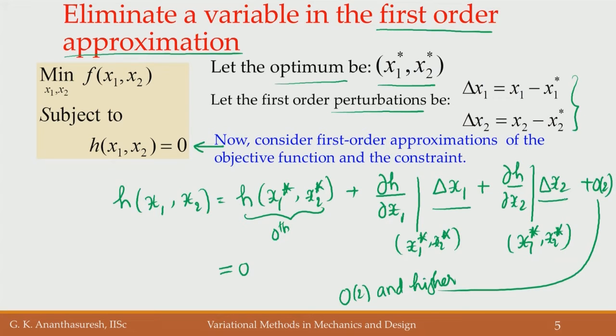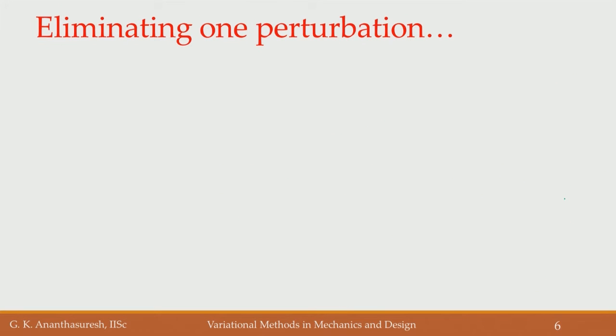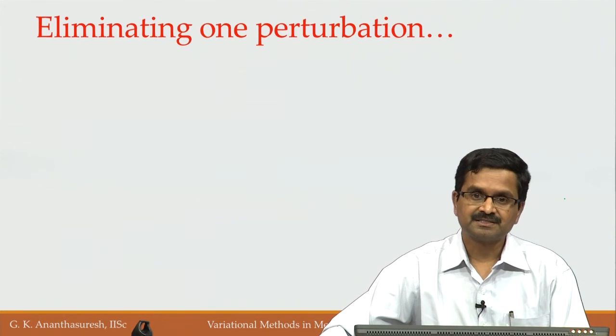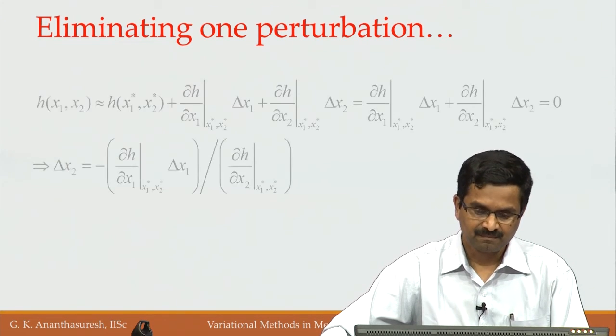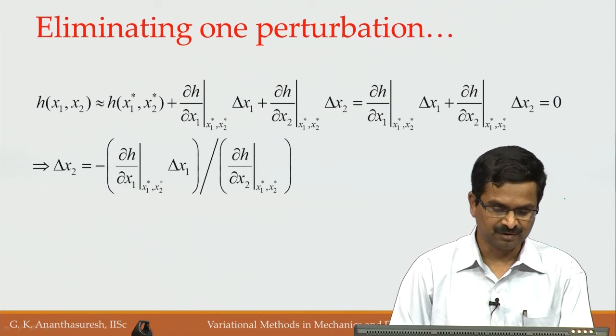So, we can eliminate one perturbation in terms of the other. What we did with the whole variable in the previous slide, now we are going to do in terms of the perturbation. So, we eliminate one perturbation in terms of the other, either delta x 1 or delta x 2, so that after perturbation our equality constraint remains valid, meaning it should be equal to 0.